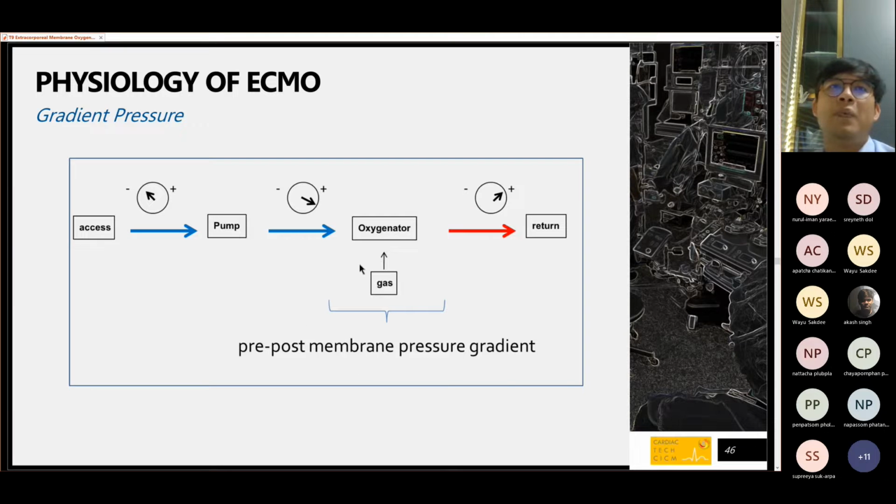And the difference between pre and post membrane pressure, we're going to use that to observe how effective the flow is through the oxygenator.